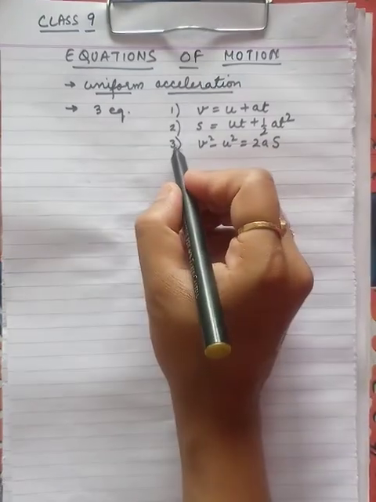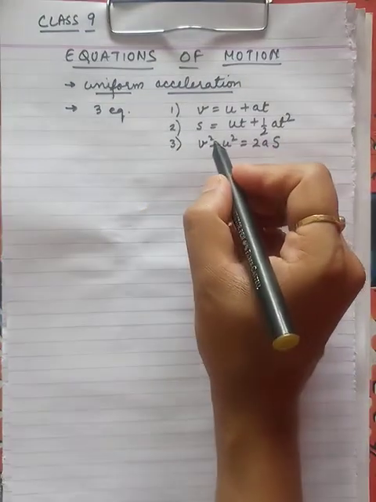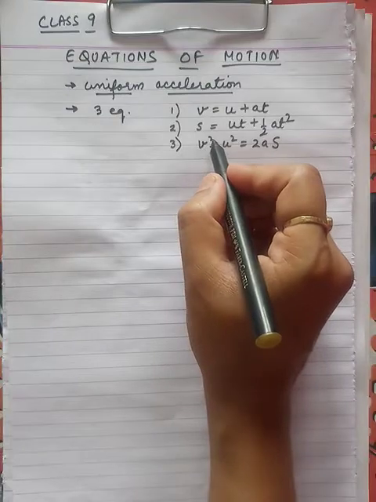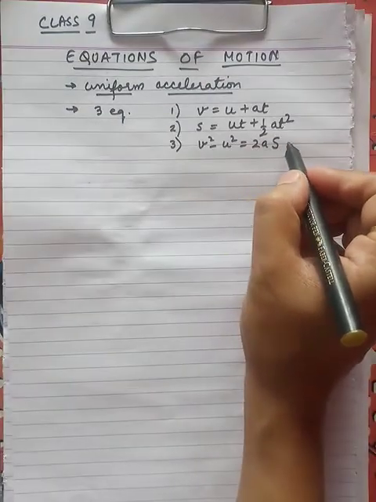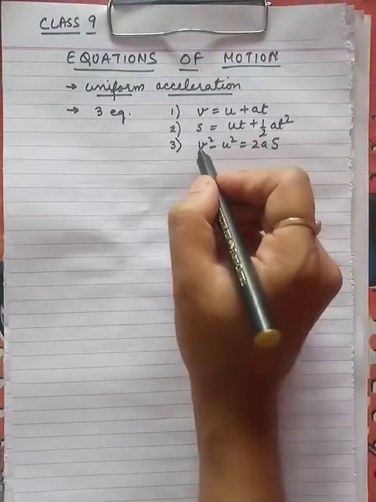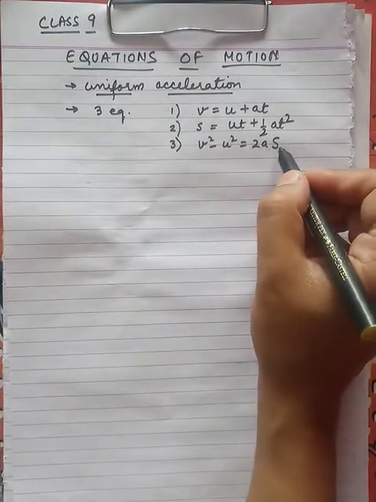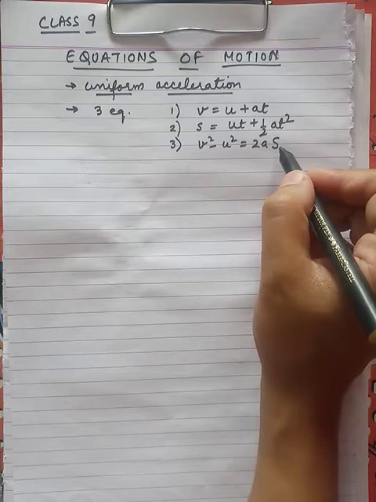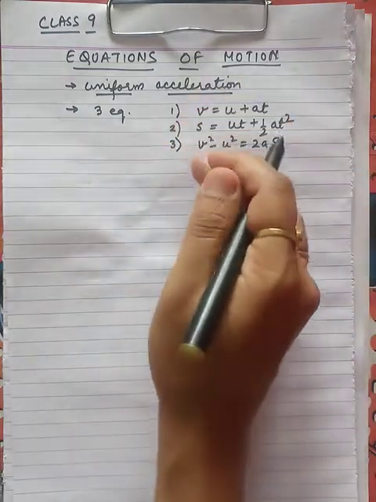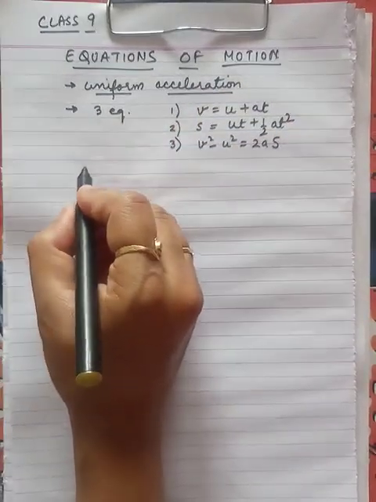Okay, number third equation says it is v² − u² = 2as. The denotations are same: final velocity, initial velocity, acceleration and distance. Okay, so let us quickly revise and write down. What is v?